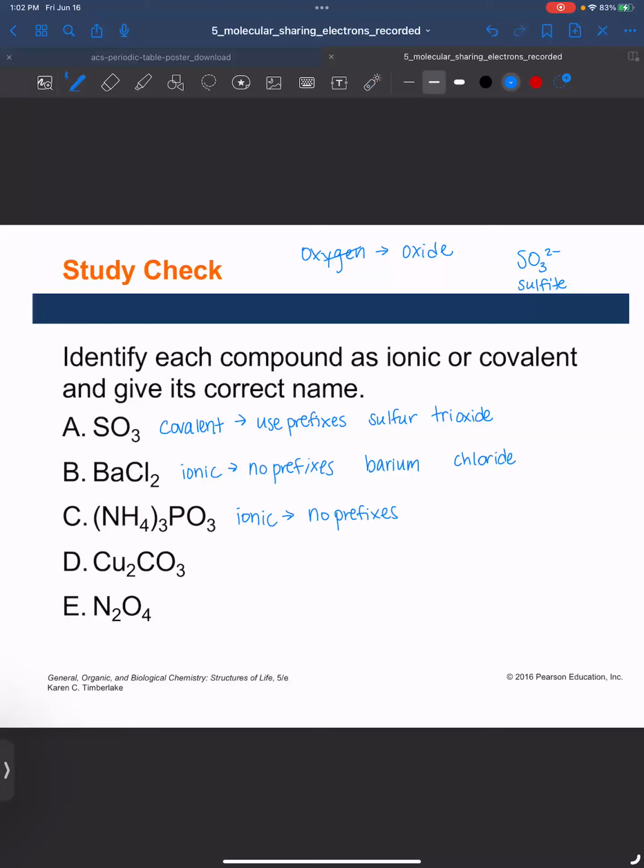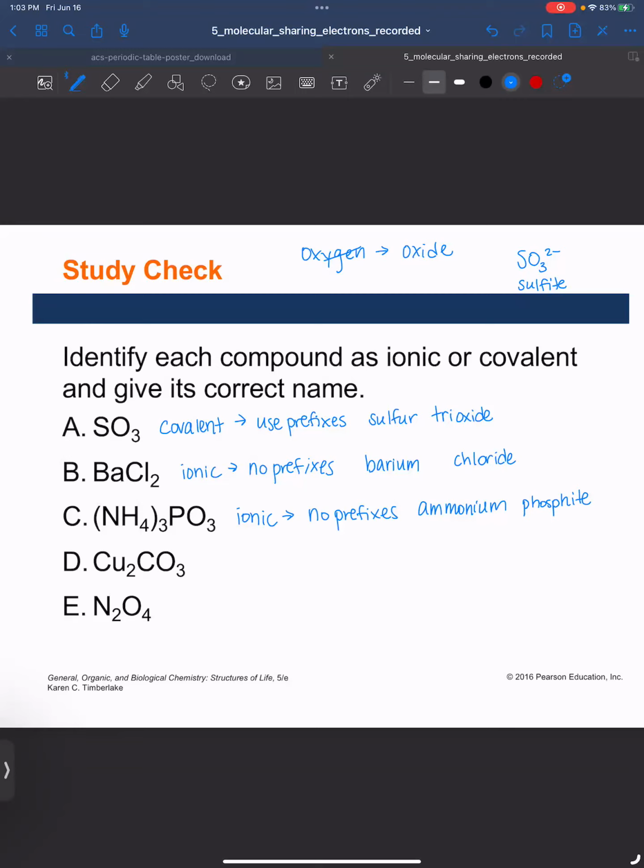And with polyatomic ions, like we learned in a previous video, we just use the full name as is. So for NH4, that's ammonium. You don't have to change it. And PO3, that is phosphite. So this is ammonium phosphite. No prefixes, no Roman numerals. This is its name right here.